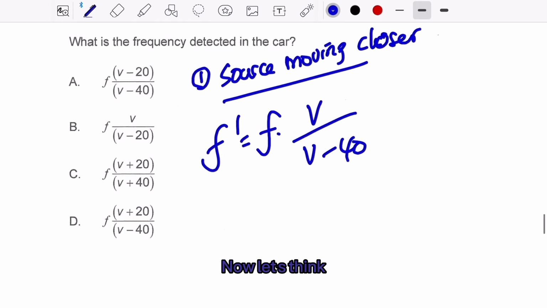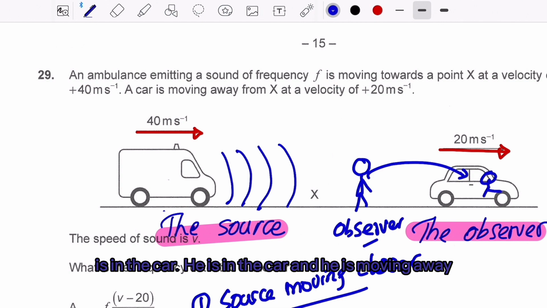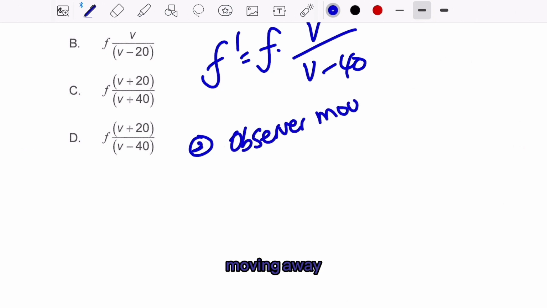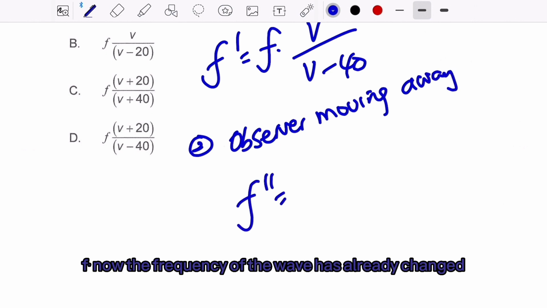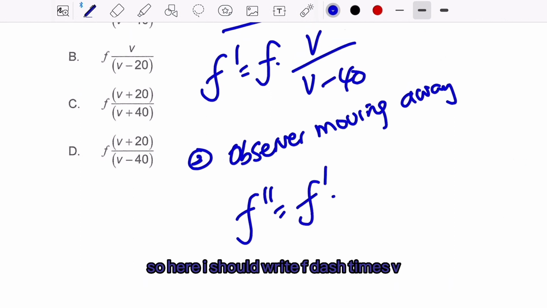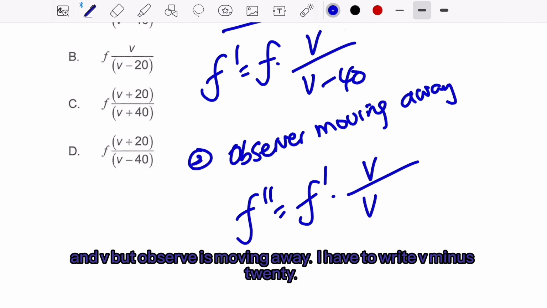Now let's think the observer is in the car. He is in the car and he is moving away. Observer moving away, f double dash. Now the frequency of the wave has already changed because of the source moving, so here I should write f dash times v over v, but the observer is moving away, so I have to write v minus 20.